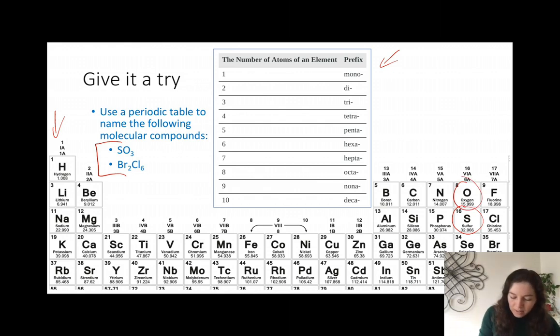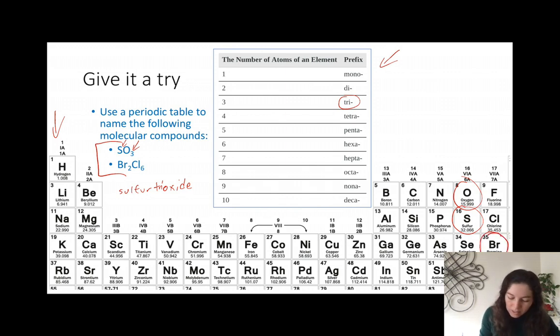Oxygen goes to oxide. Now let's look at our prefixes. Sulfur, there's only one of these, so it would be mono. Because it's in the front, we're going to omit it. And then oxygen has three, so it's a tri. So sulfur trioxide.